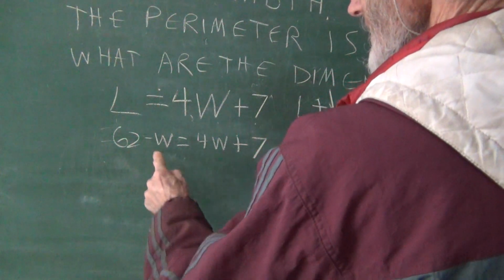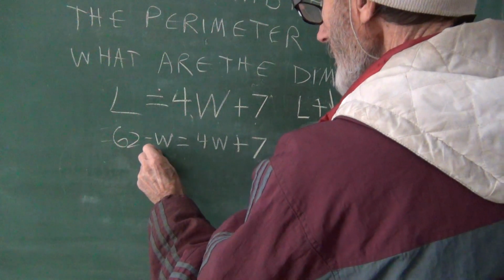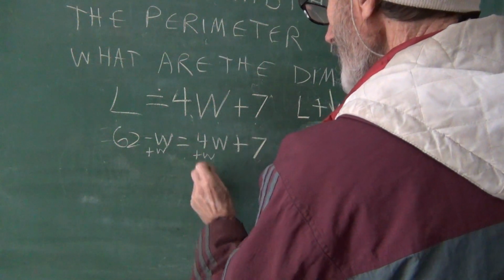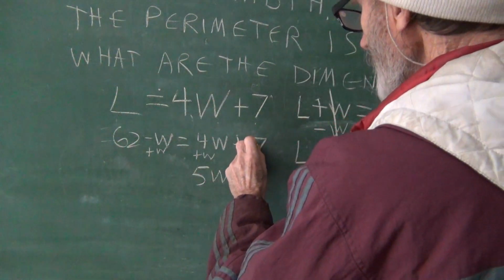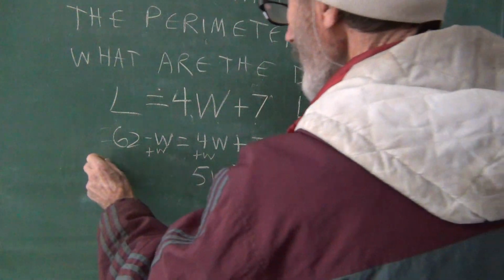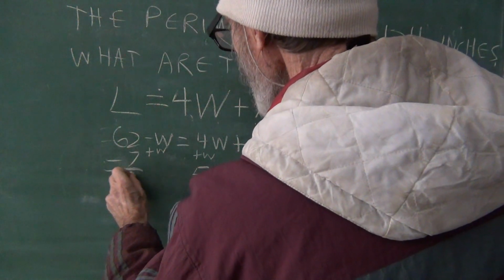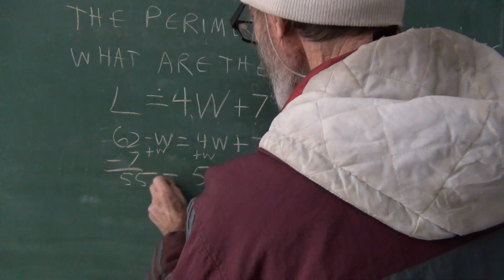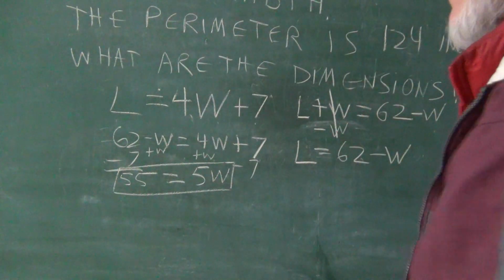So now let's take this and put it on the other side. So it'll be a plus W and a plus W here, which means we'll have 5 W's on this side. And then we've got to take the 7 and put it on the other side, and that means it's going to be minus 7 and minus 7 here. And 62 minus 7 equals 55. So then we have 55 equals 5W. Well, do the math.